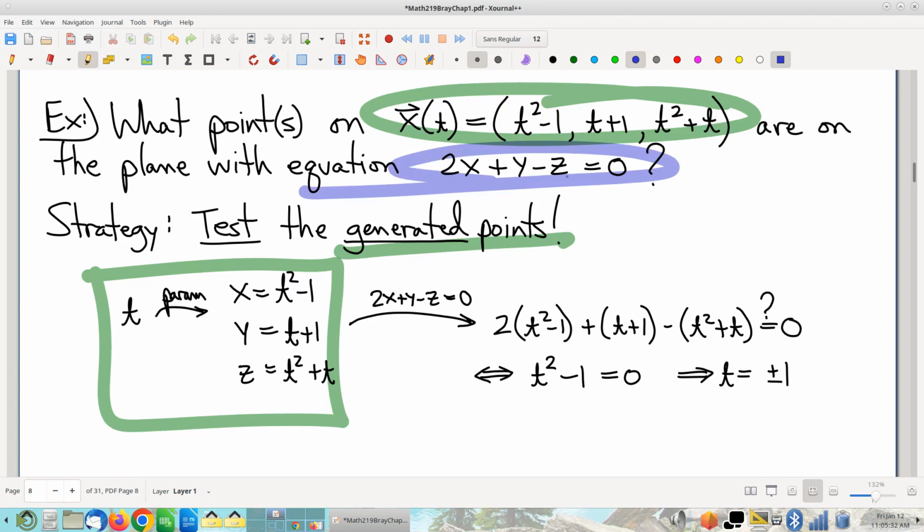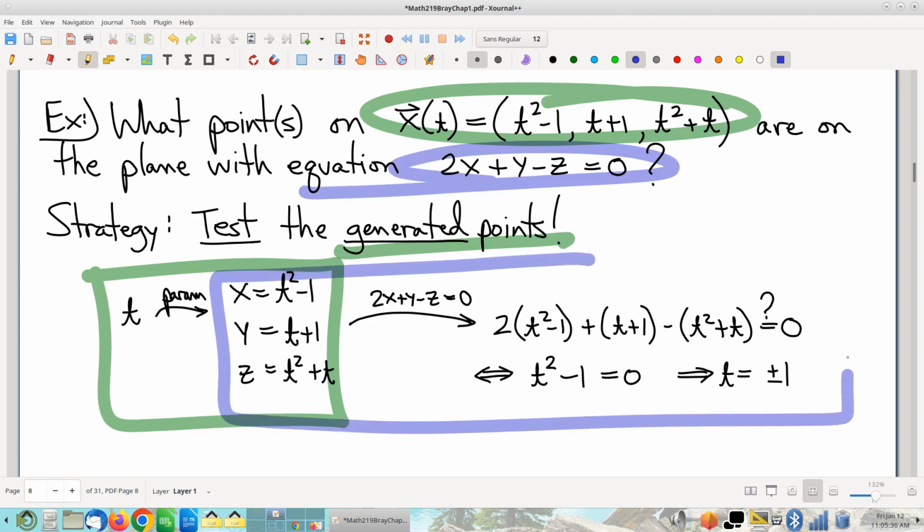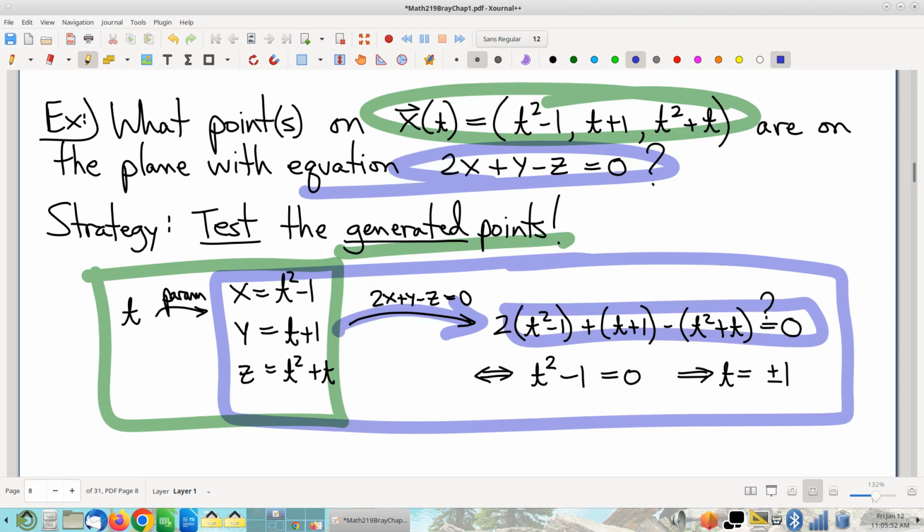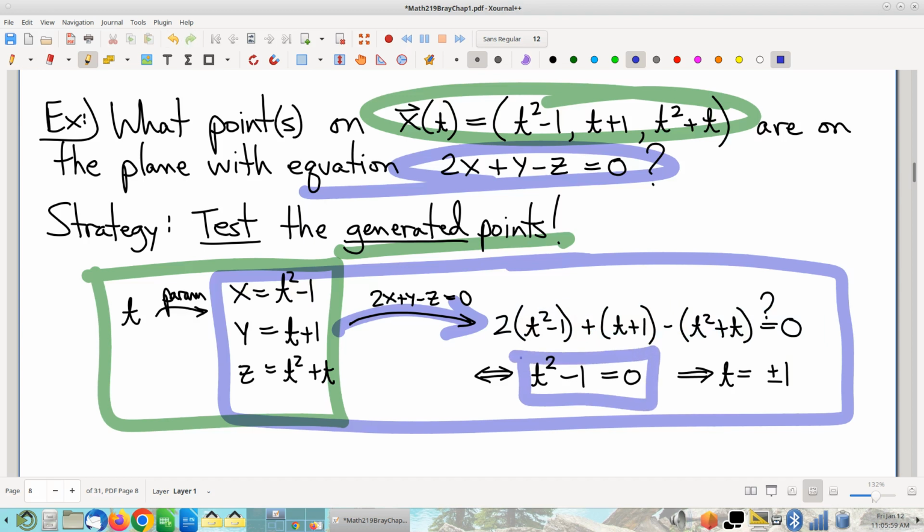I have a point tester. So let's take these points that I just generated and test them by plugging them into my equation, aka my point tester, right? And out comes this equation, which of course is just a couple of simplifications away from this equation right here.